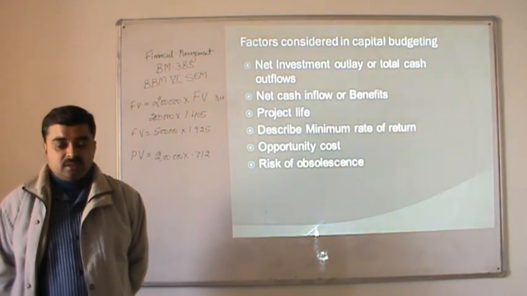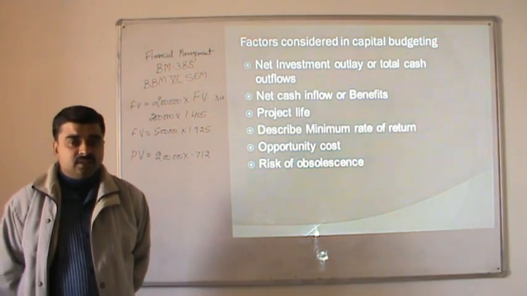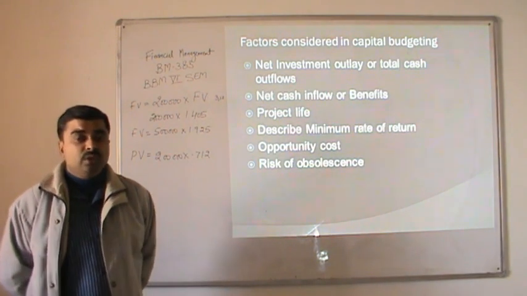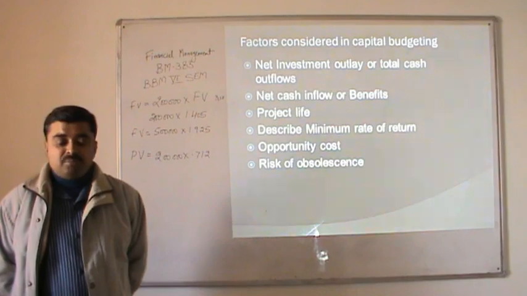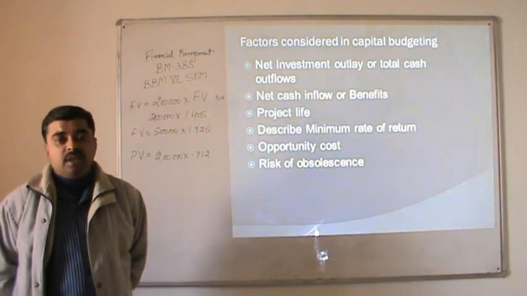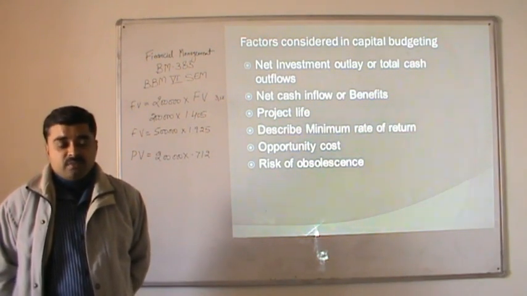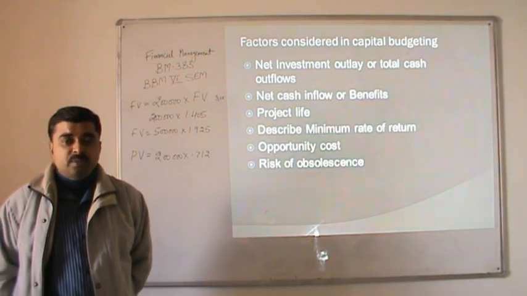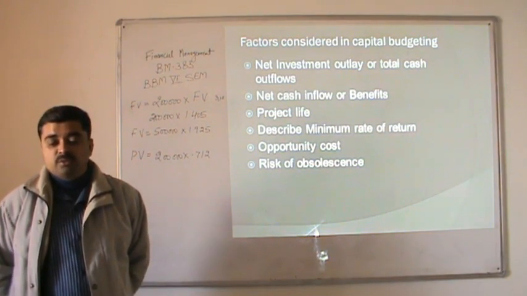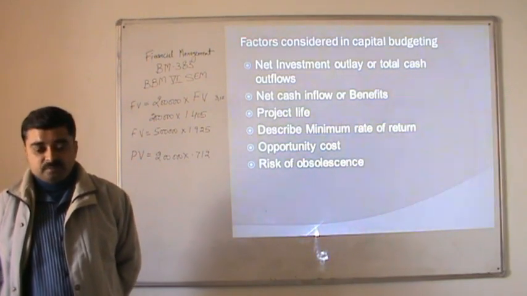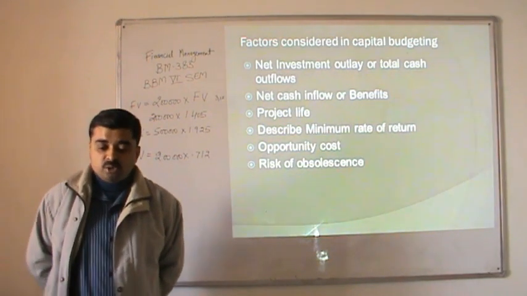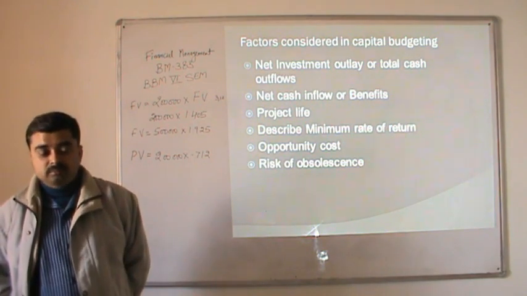Project life is another important factor since we will use depreciation, and depreciation is always calculated as per the life of the project. As per the life of the project, the depreciation is divided into certain parts and that is why the project life is important.